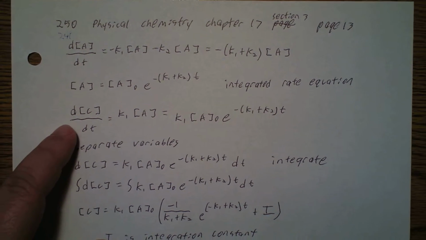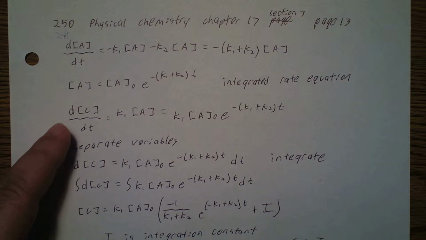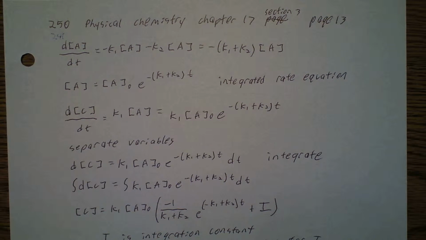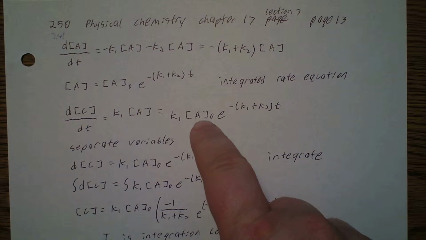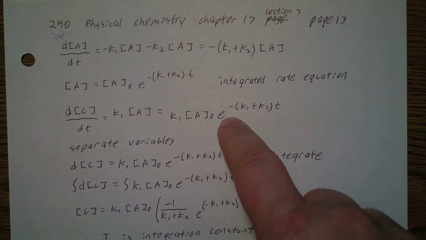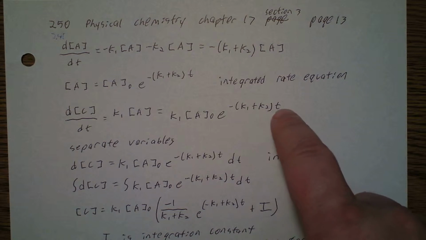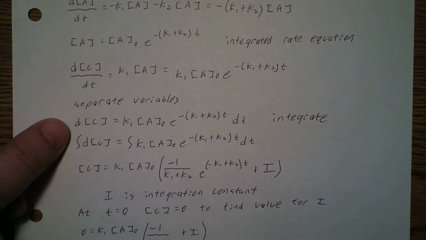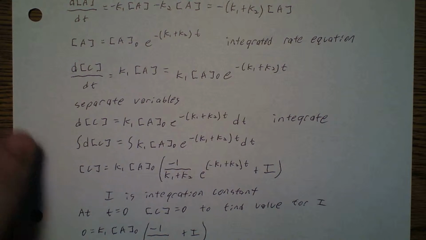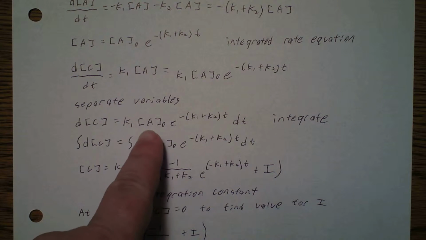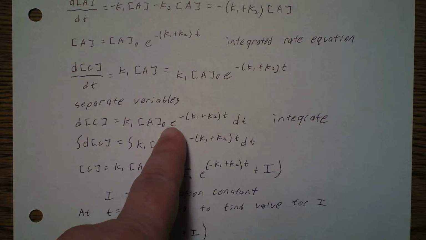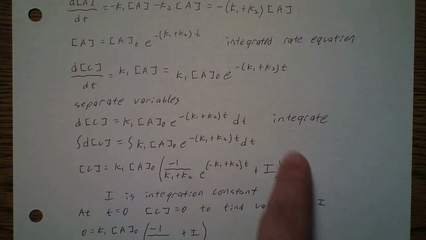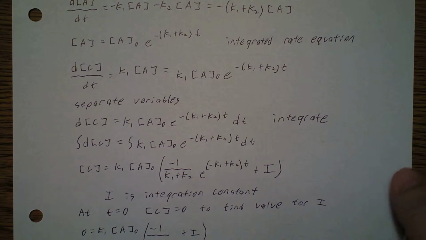So we have the derivative of the concentration of C, one of the products, with respect to time, equal to K1 times the concentration of A. So it's going to be K1 times the initial concentration of A times e to the minus (K1 plus K2) times T. We're going to separate the variables, so we get the differential of the concentration of C equal to K1 times the initial concentration of A times e to the minus (K1 plus K2) times T with respect to T. And then we can integrate that.